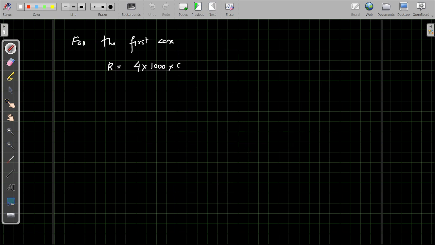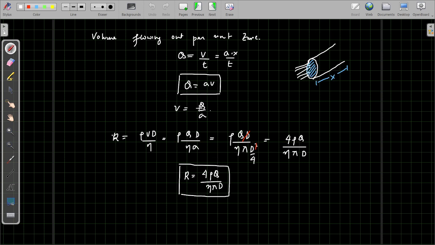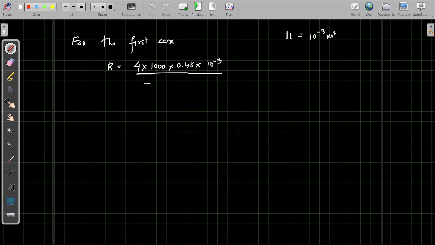So 0.48 into liter, and 1 liter is equal to 10 to the power minus 3 meter cube. So that means this should be 0.48 into 10 to the power minus 3, divided by, then we have here Q divided by eta. Eta is again 10 to the power minus 3.